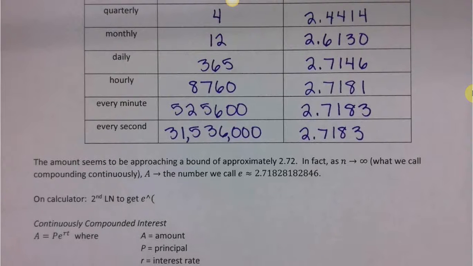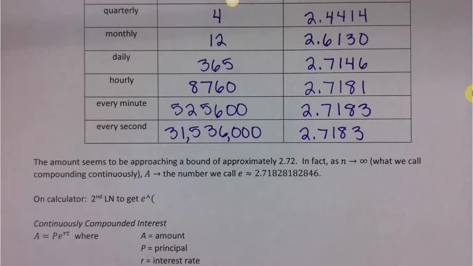And while it might look like just some random irrational number, it actually shows up in a lot of real-life applications. Not just compound interest, but also biology and other areas, which is why it gets its own special symbol, just like pi gets its own special symbol. So we call this number e.